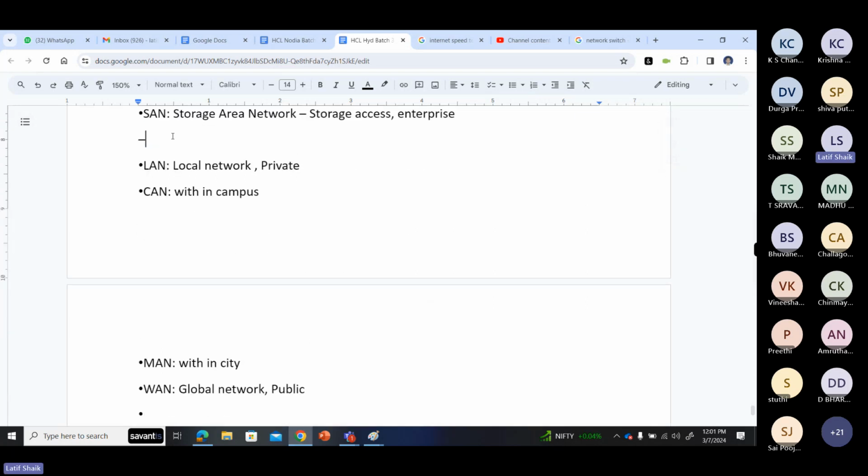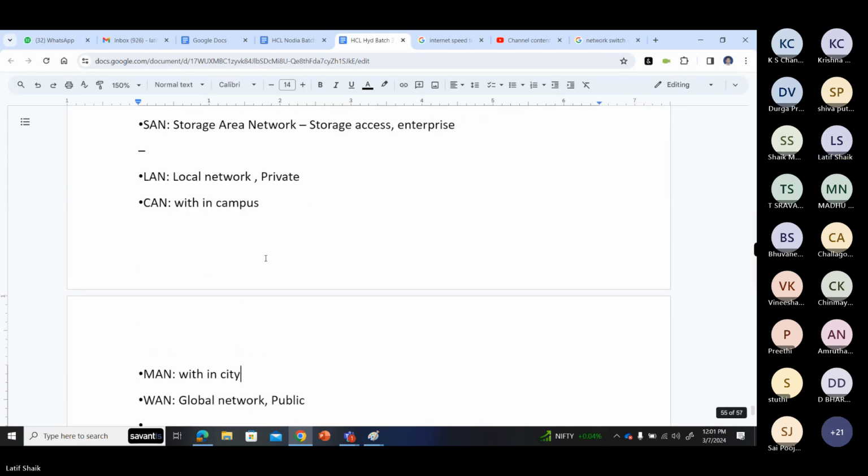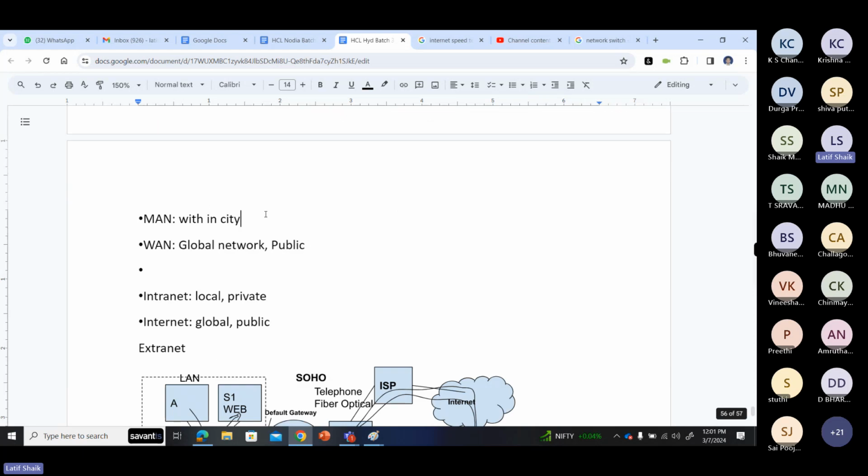Once again, guys, LAN means a local area network, it's your private network. CAN, campus area network, is within the campus, MAN within the city. WAN is a global network, so globally we can connect, in the public.